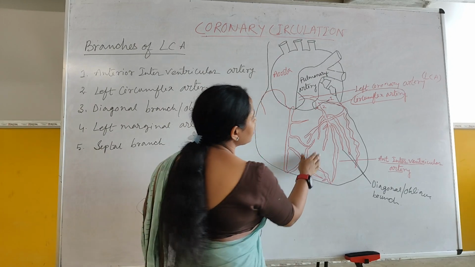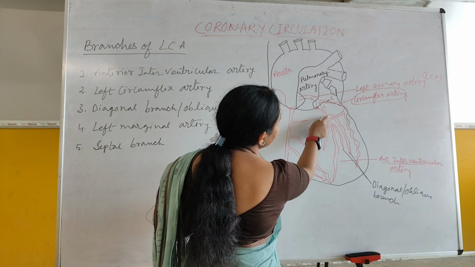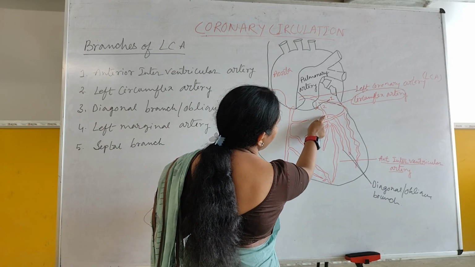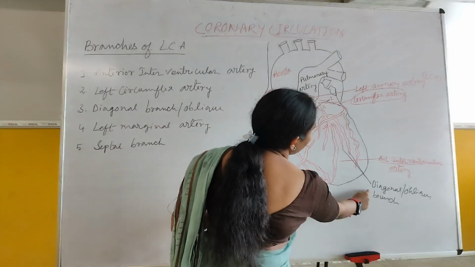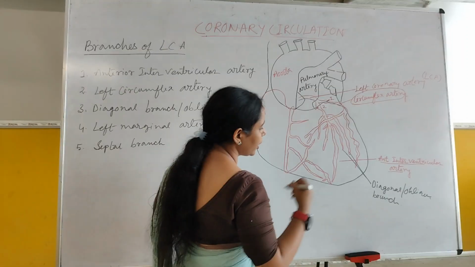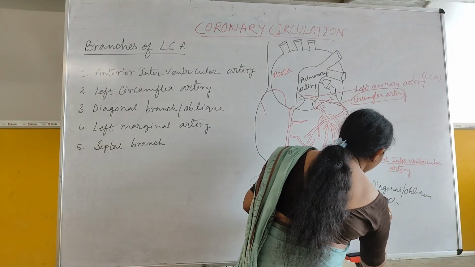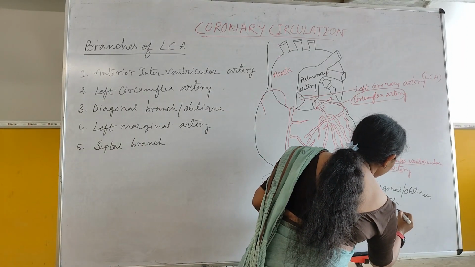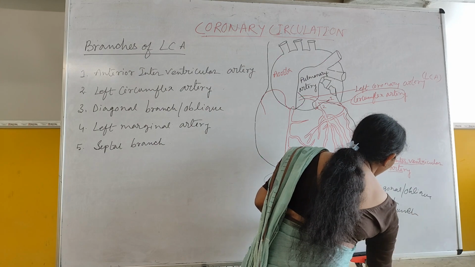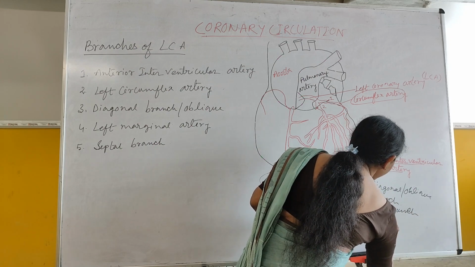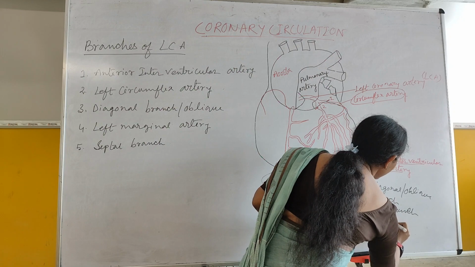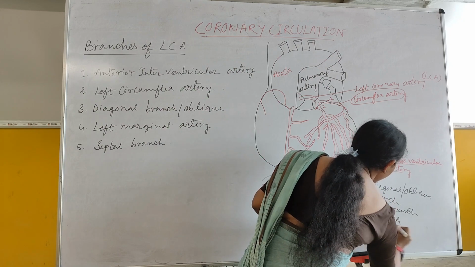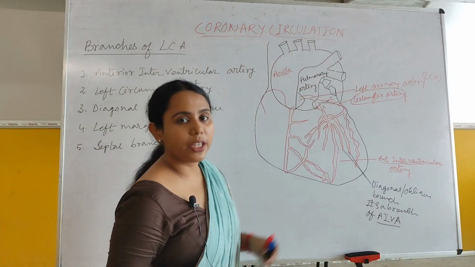So the diagonal oblique branch is a branch of the anterior interventricular artery, that is the AIVA.